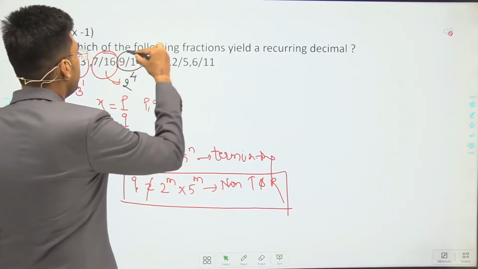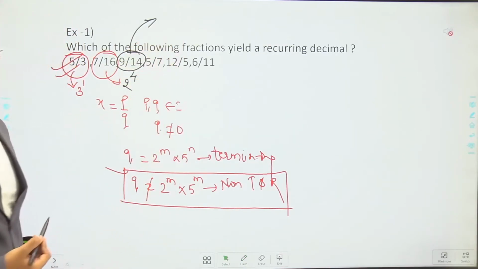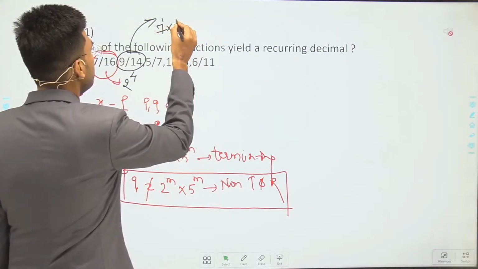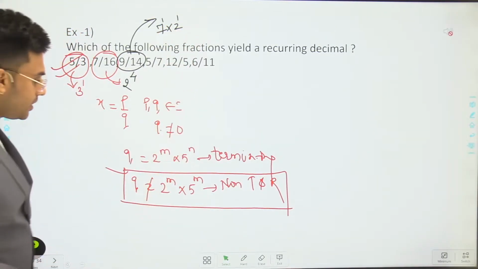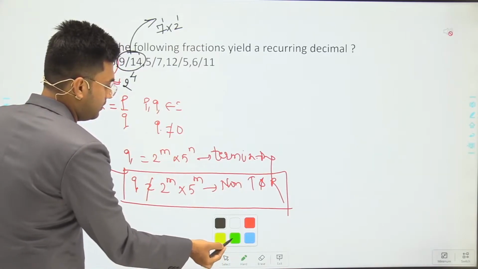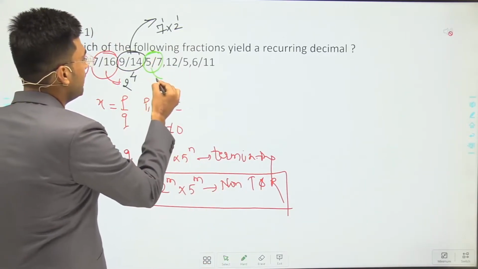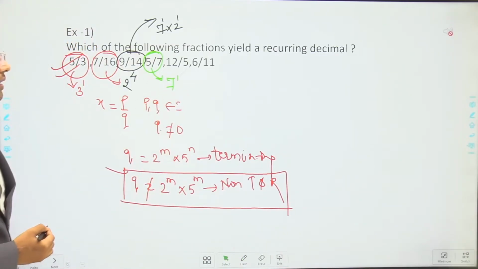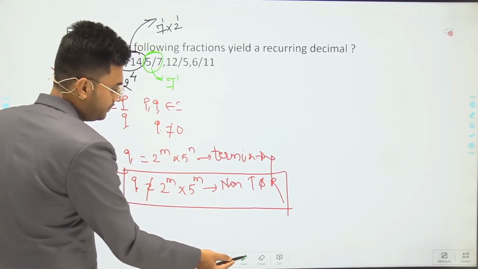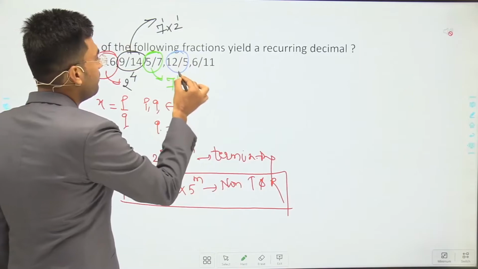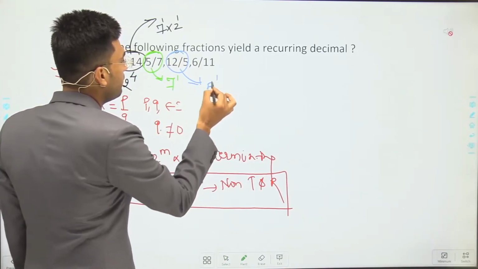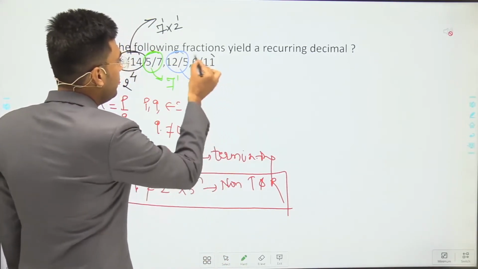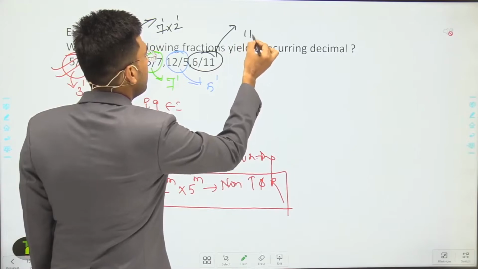In 9 by 14, the denominator is 14, and we can write 14 as 7 power 1 into 2 power 1. Again 5 by 7, the denominator is in the form of 7 power 1. In 12 by 5, the denominator is 5 power 1, and in 6 by 11, it is 11 power 1.